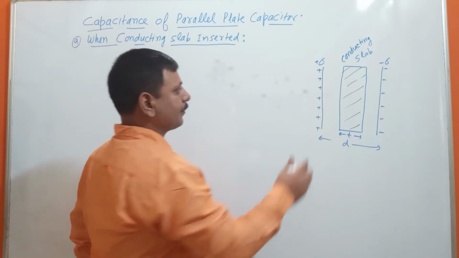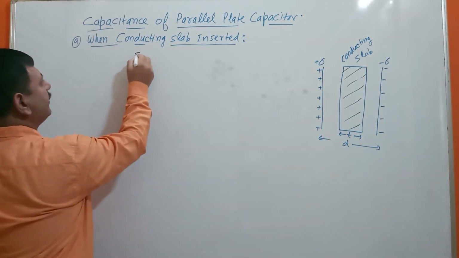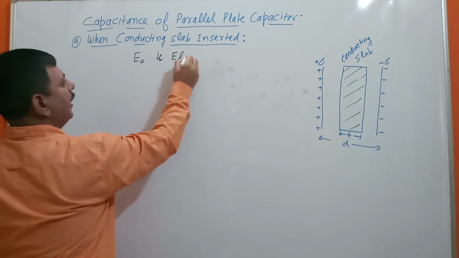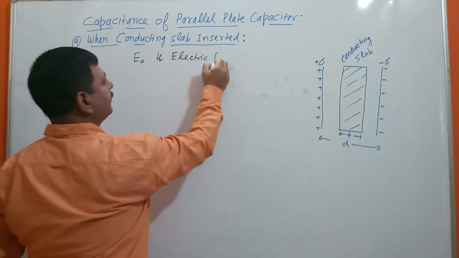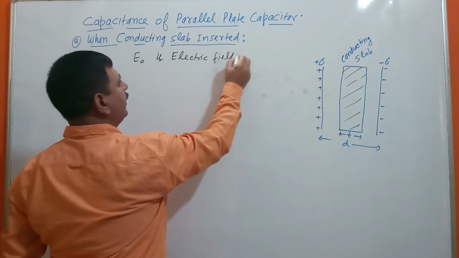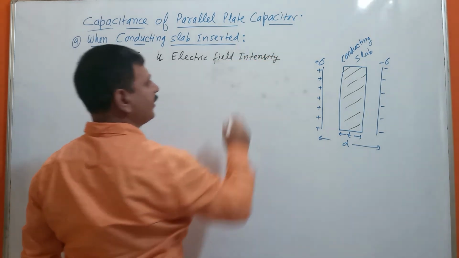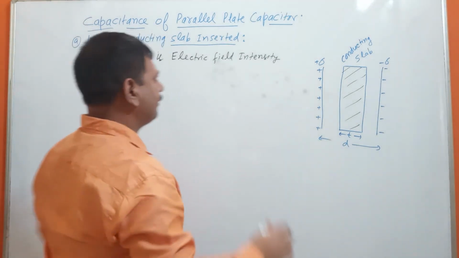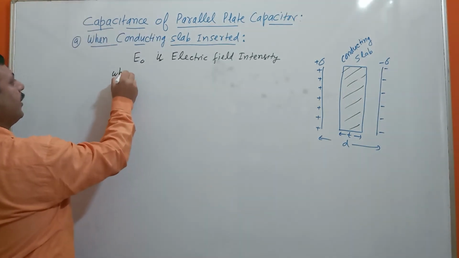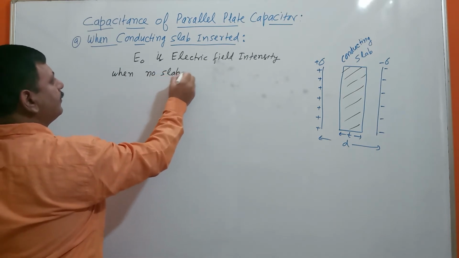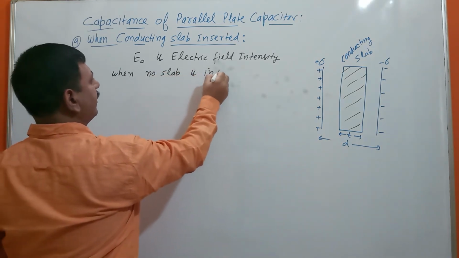As we know, E naught is the electric field intensity when no slab is inserted.